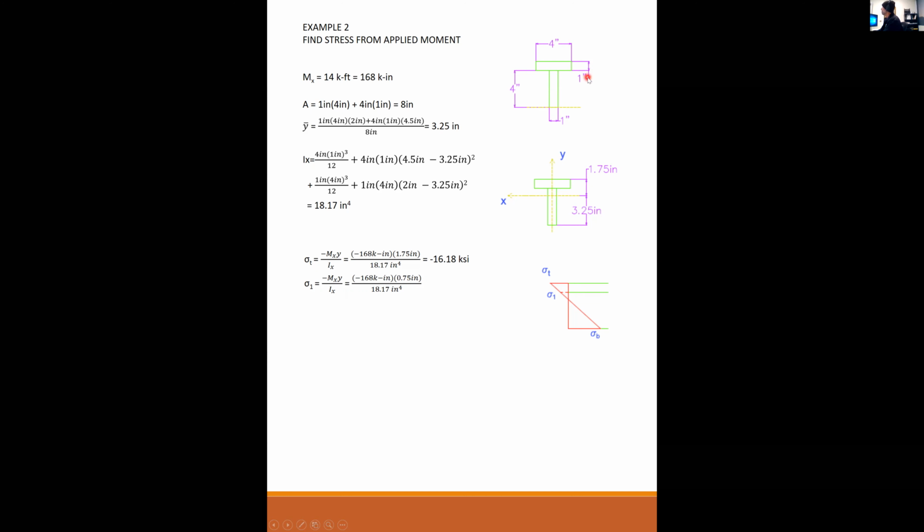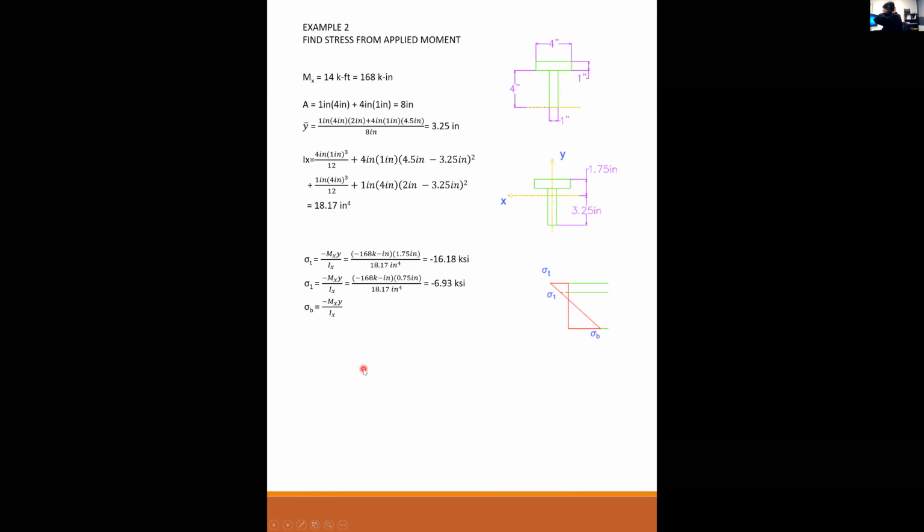The board is 1 inch thick, so 1 3/4 minus 1 is still a positive 3/4 of an inch. It's positive because it's on the north side of the x-axis. I crank this out, I get minus 6.93 KSI, so I'm still in compression at the bottom of the top board.